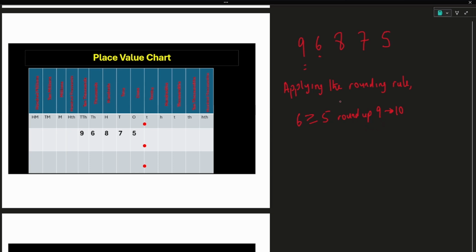Hence, 96,875 will be rounded up to 100,000. That is, we replace the other digits after the 10,000 place with 0. Hence, 100,000 becomes our answer.